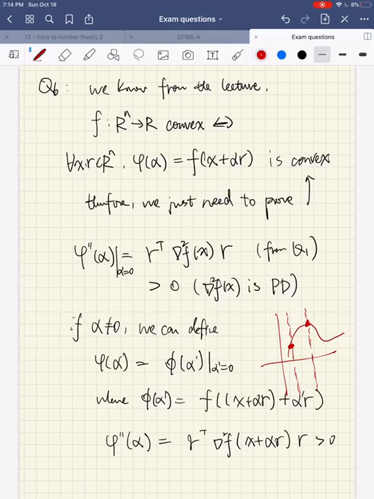So you pick a different x along this axis, whatever it is. We just define a new x at this point, which is the shifted version. So in this case, the second derivative at the origin, when alpha is 0, is the same as when you look at this function at this point.